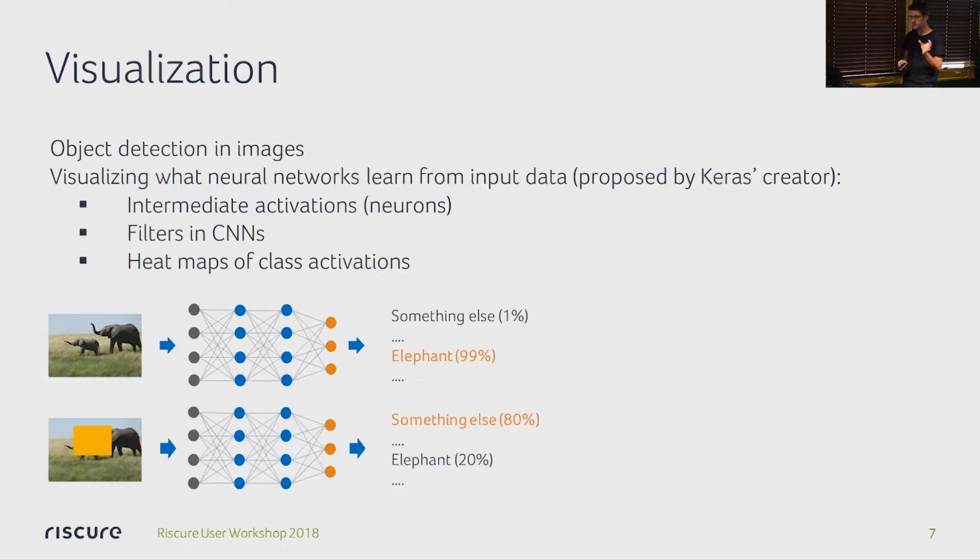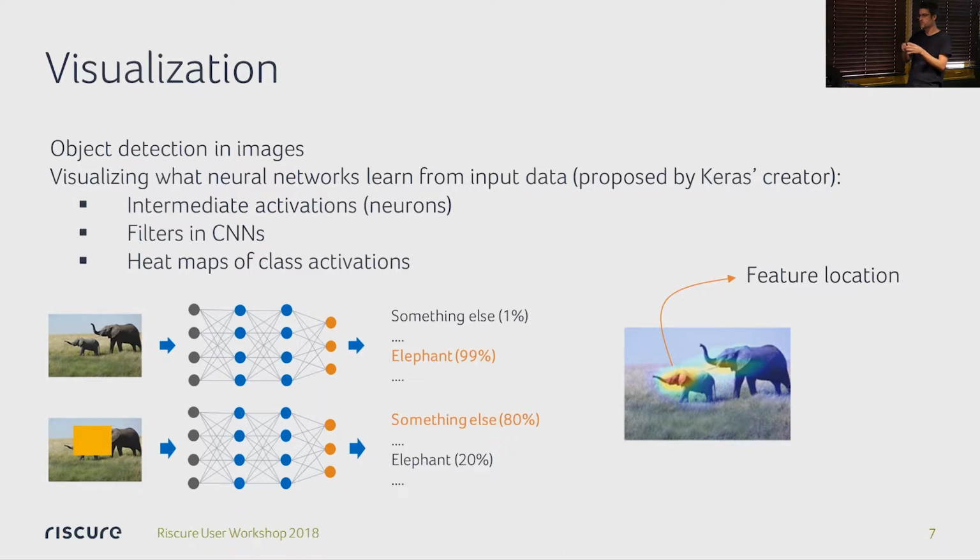To understand which part of the picture the neural network is actually using to make the decision, you start doing some occlusion on the input data, let's say removing pixels, sliding a box over the image until you make the network decide wrongly. And when you find a place where it makes wrong decisions, let's say it now says it's not the elephant anymore, then you know that that part is where the feature is located.